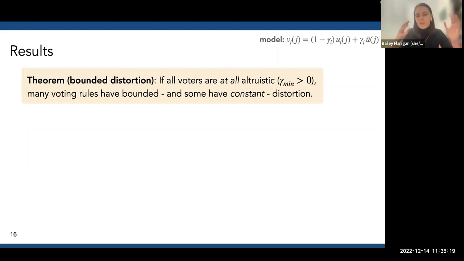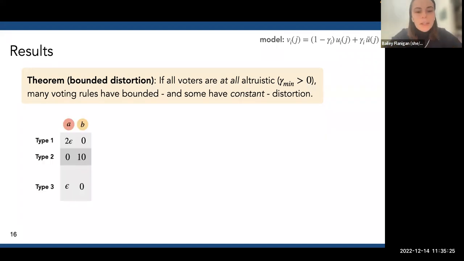So this is a theoretical notion of constant. We can talk about the practical implications of the bounds in a second, but just to give you a little bit of intuition about why even a small amount of altruism is going to help us, let's return to our example. Our example was really bad because we have people who can be really indifferent.